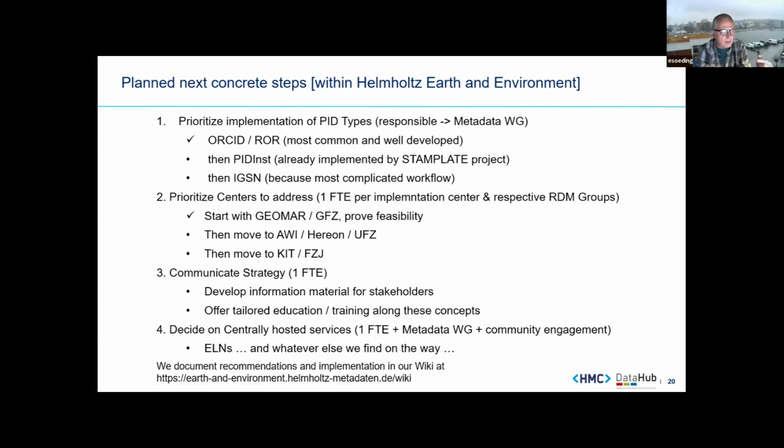The next thing we did is prioritize which bits to implement first. The first ones we are currently doing are ORCID and ROR, because those are the best understood. They're relatively easy to implement because most people already use them. Instrument PIDs are a little more complicated, but also not that difficult because it's not yet very well implemented, and it mainly involves technicians, the labs, and the acquisition, as I said.